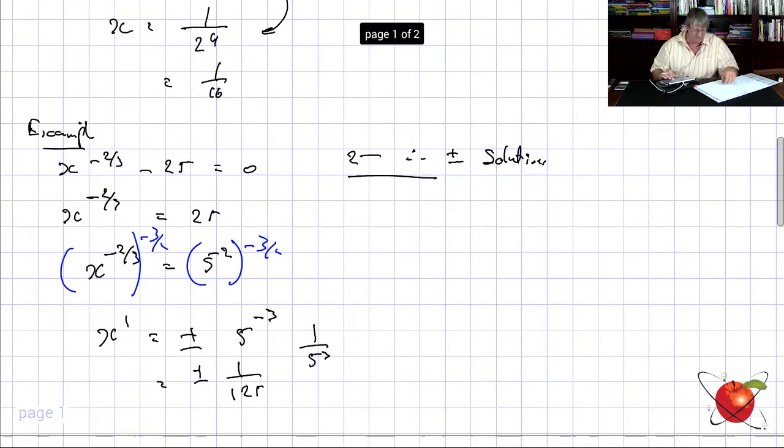So, please remember you check and see if you've got an even exponent. If you've got an even exponent, account for it by a plus or minus root. Okay? Let's have a look at what if we've got something that looks like this.